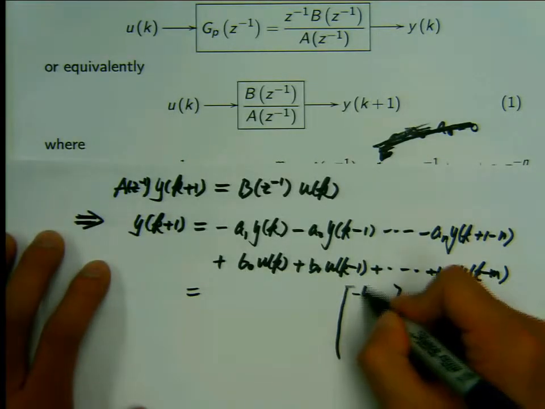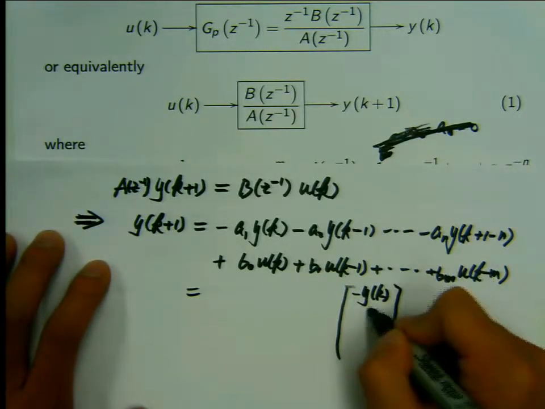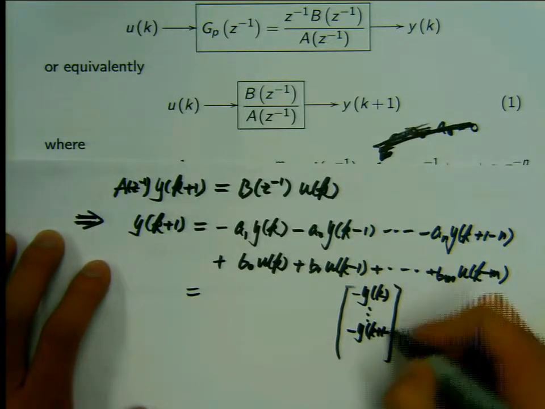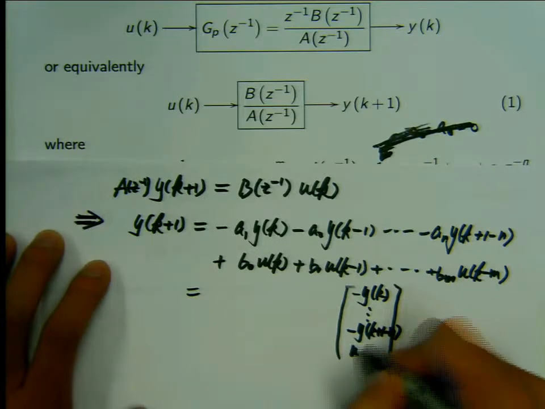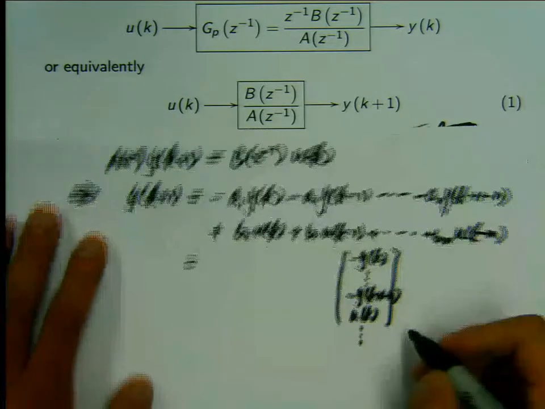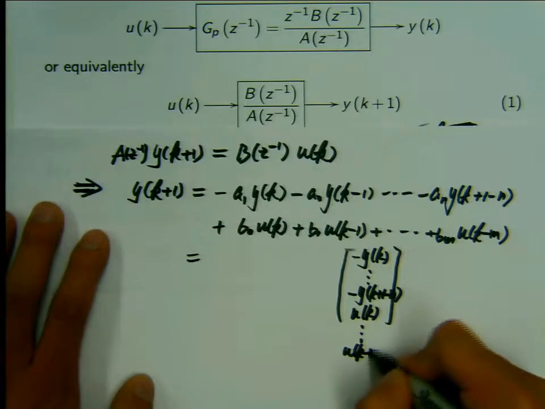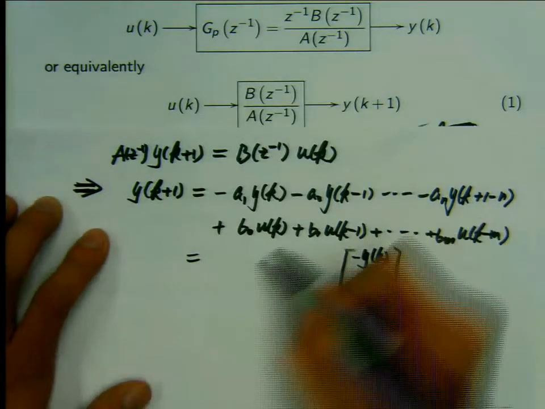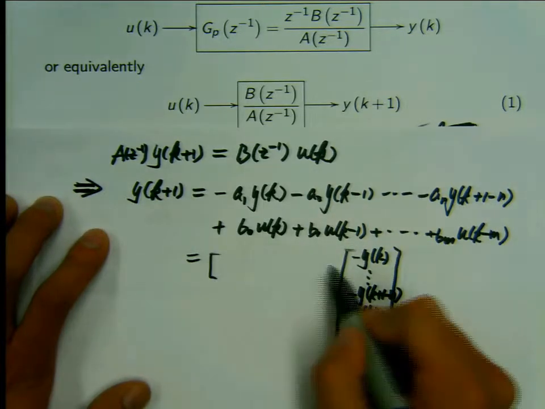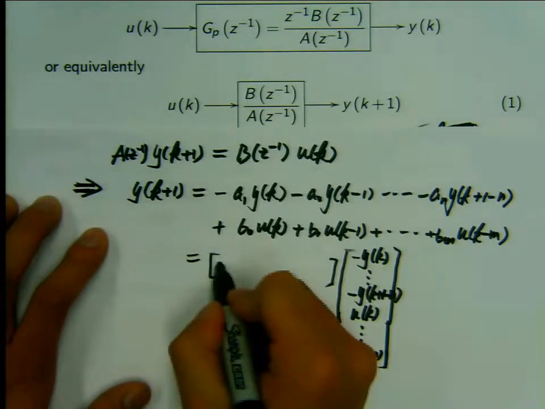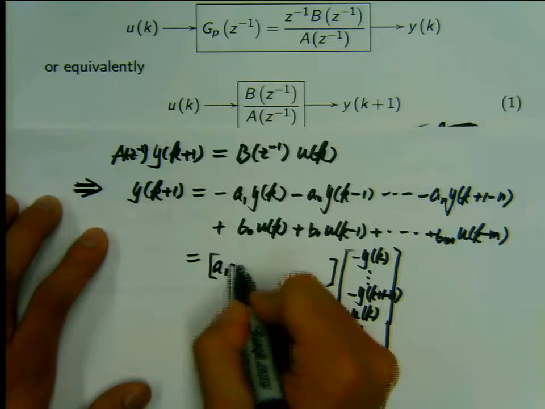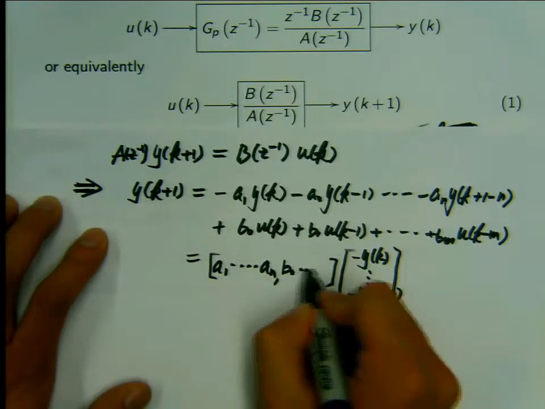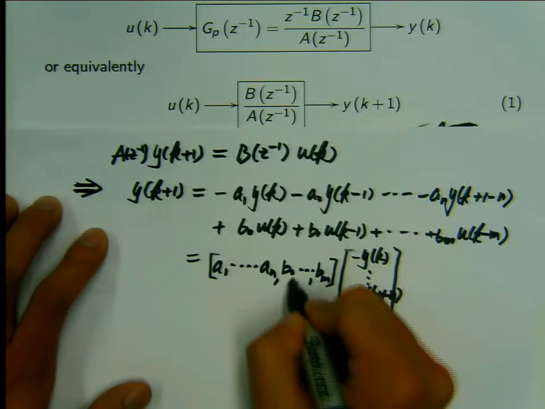So we can write it as negative y_k all the way to negative y_{k+1-n}, then u_k all the way to u_{k-m}. Okay, we can write it this way. The coefficients are going to be a1 to an, and then b0 to bm. Okay?